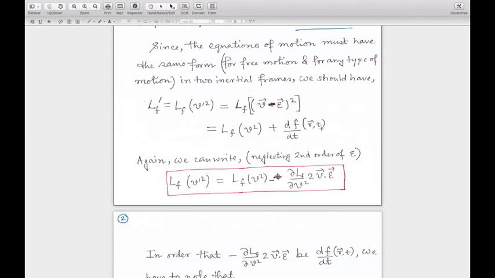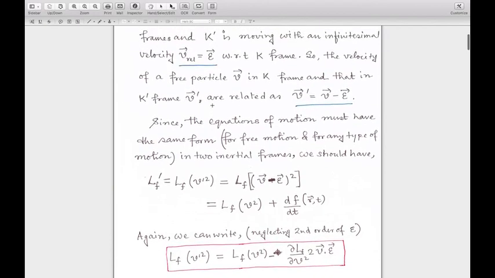Now if you write the Lagrangian of the free particle in the prime frame as L_F prime, it is nothing but L_F of v prime squared.